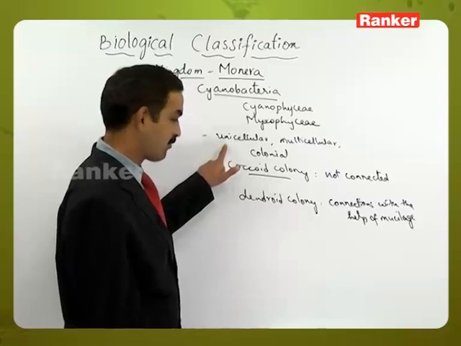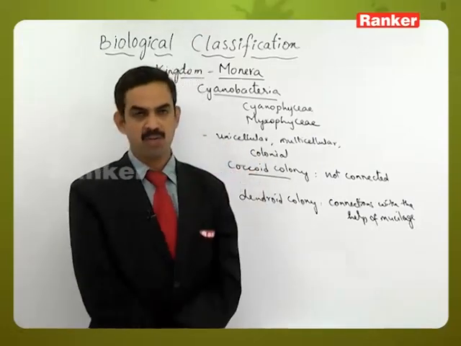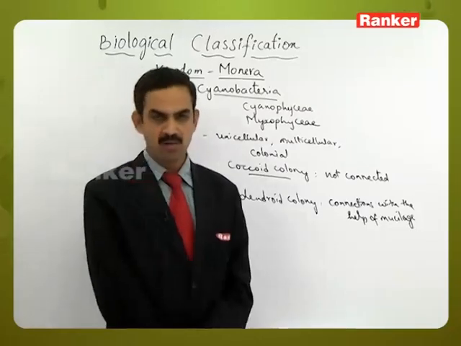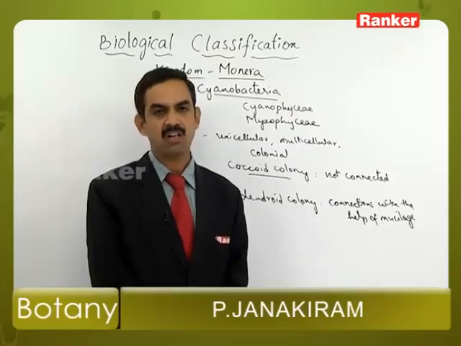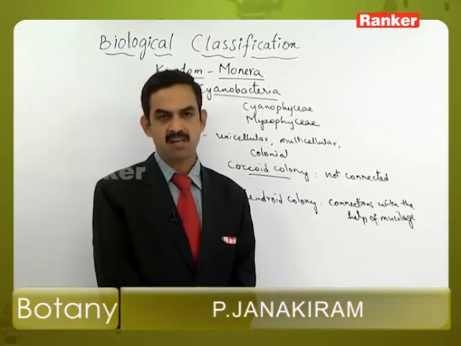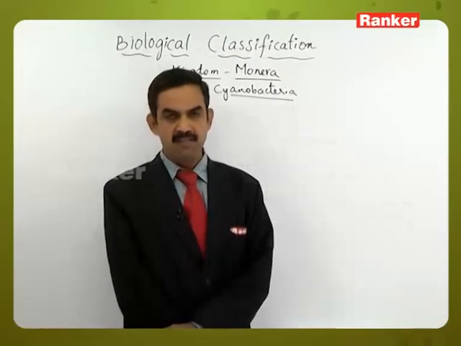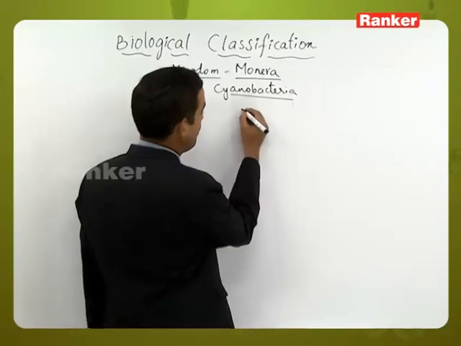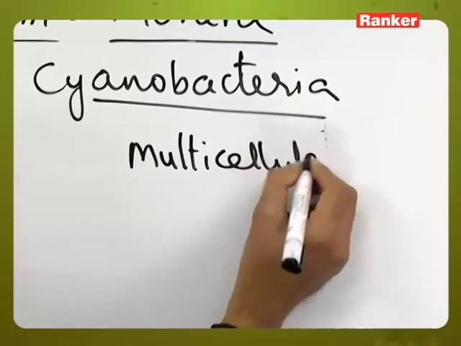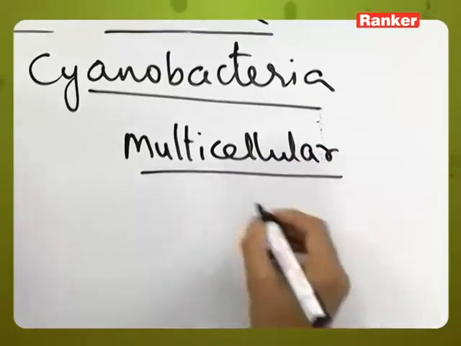When it is a unicellular one, the single cell will perform all the functions. In multicellular structures, they contain more number of cells, and they take up the functions for the survival and life processes of the species. If it is a filamentous form, all the cells are arranged in the form of a filament.